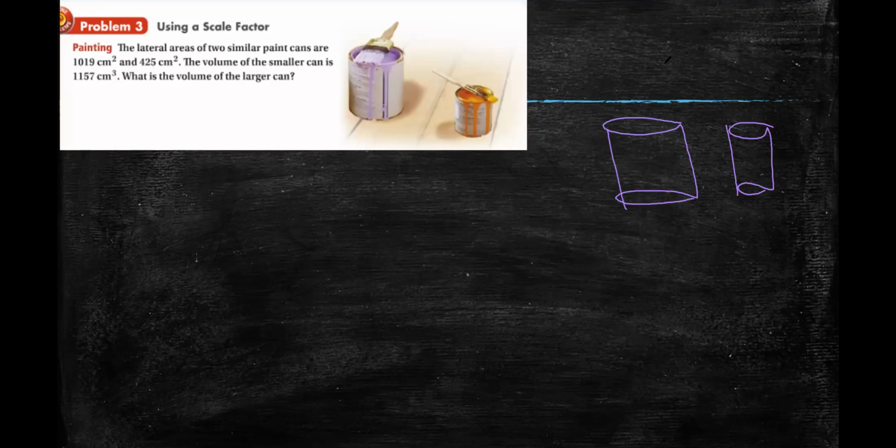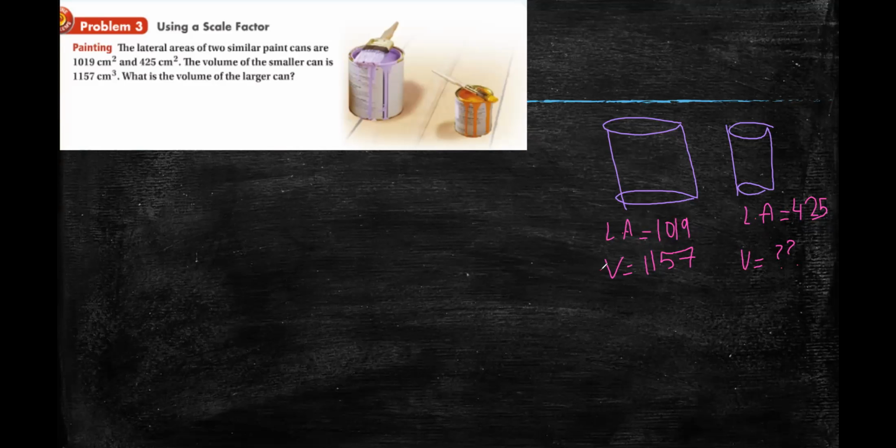The first one, they told me that the lateral area of it is 1019. And for the smaller one, the lateral area is 425. The volume of the smaller one is 1157. Let's find the volume of the second one here.